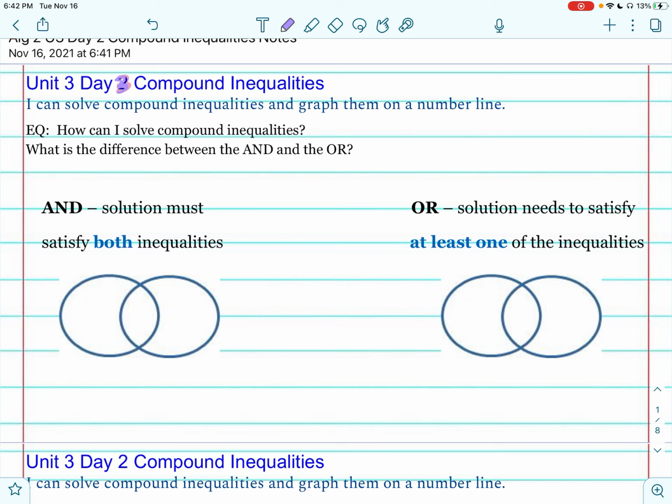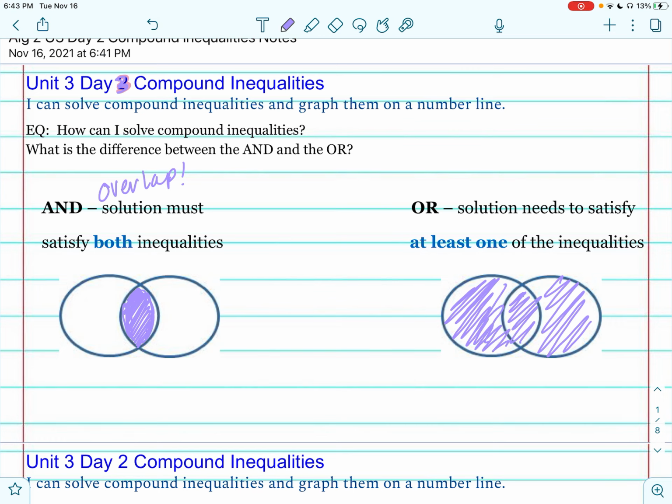So and means it has to satisfy both of them. Okay, so and is the overlap. Okay, so I'm using this Venn diagram. Remember these? This is the overlap, and only the overlap. If there's no overlap, there's no answer. Or means that it could be this one, could be this one, or it could be this one.